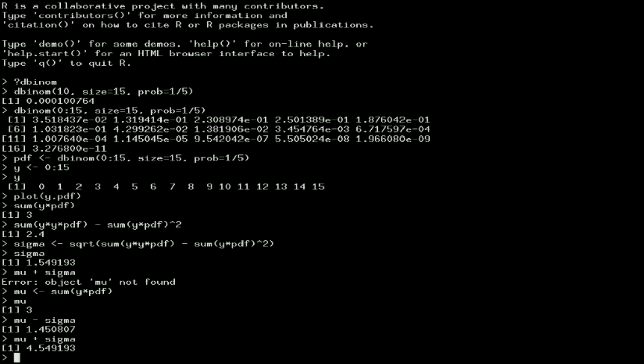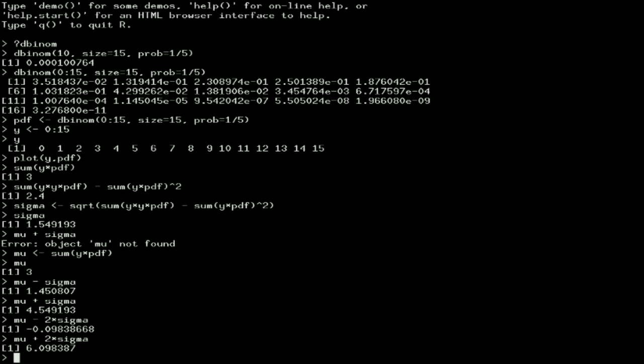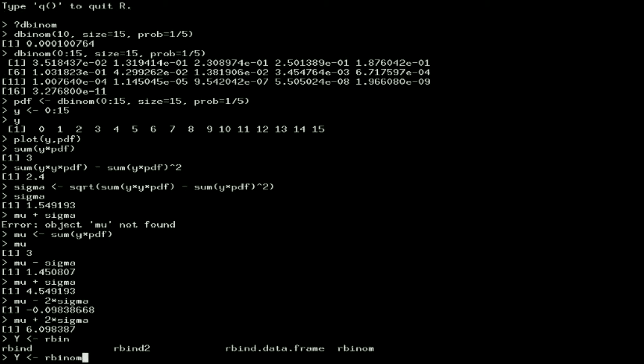So it's probably somewhere between 2 questions and 4 questions. We would expect about 68% of our students to get between 2 and 4 questions correct if they were guessing. Within 2 standard deviations, that would take us up to about 6 questions.